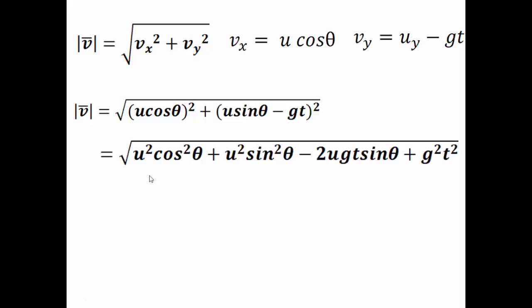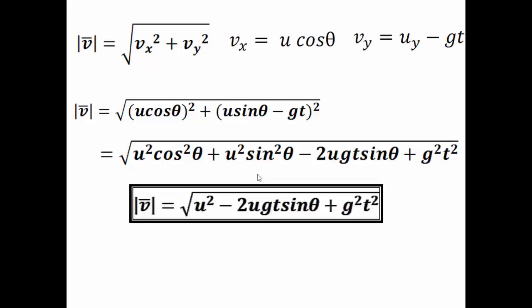Simplifying it, we get u square cos square theta plus, this is of the form a minus b the whole square, so a square minus 2ab plus b square. Now definitely u square cos square theta plus u square sin square theta is nothing but u square. Hence the magnitude of velocity at any given point is found by the expression square root of u square minus 2u gt sin theta plus g square t square.